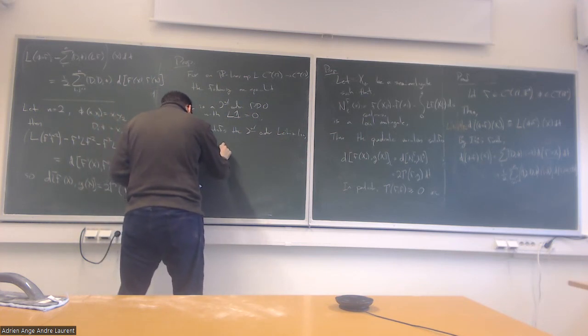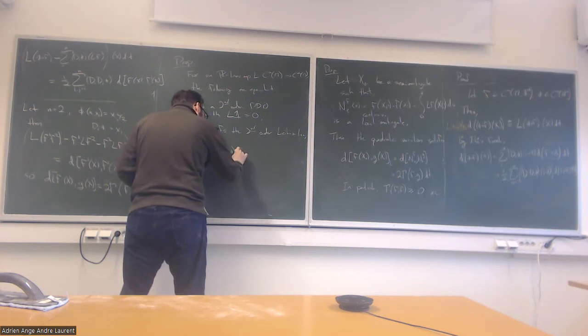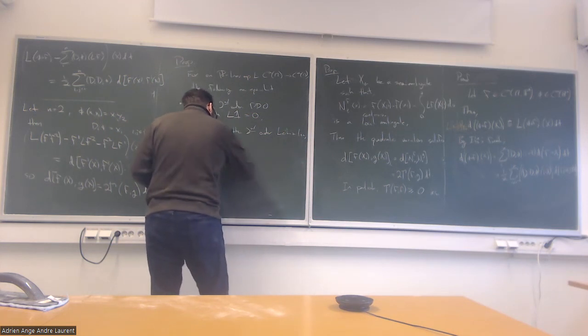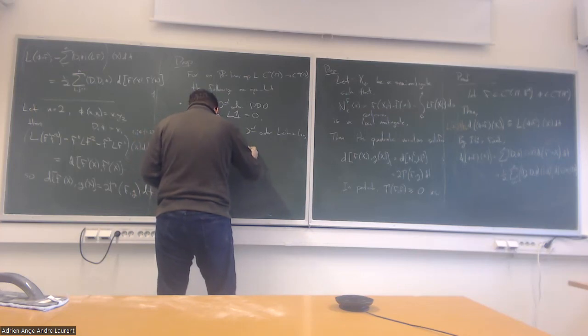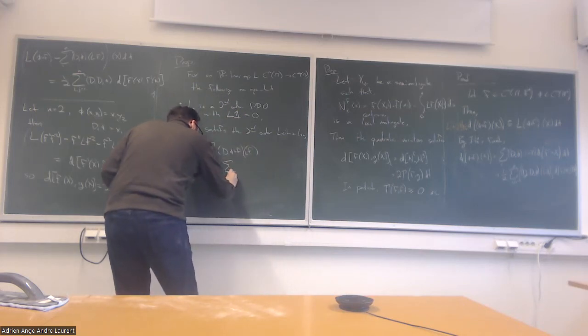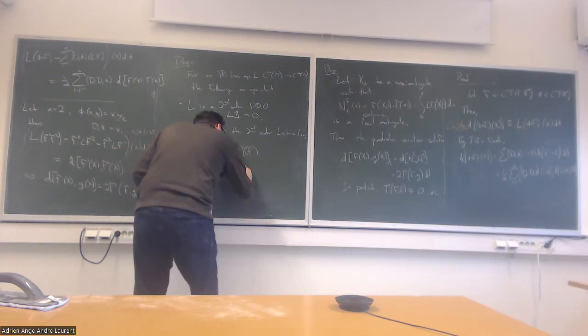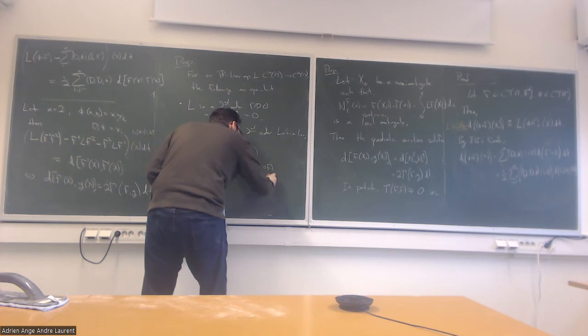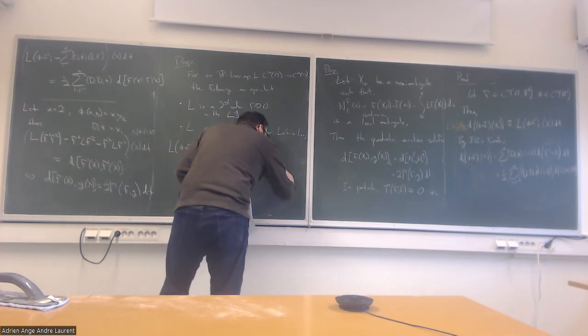For whatever dimension we're in, L of phi of F, and this is composition, not multiplication, equals the sum over i of d_i phi of F applied to L of F_i, plus the sum over i,j of d_i d_j phi of F applied to the carré du champ of F_i and F_j.